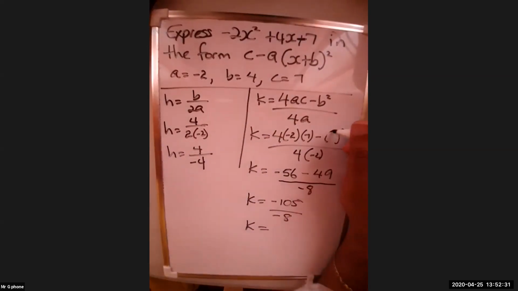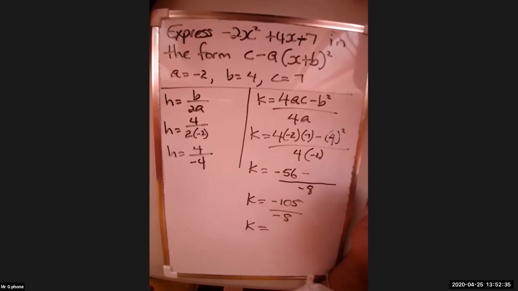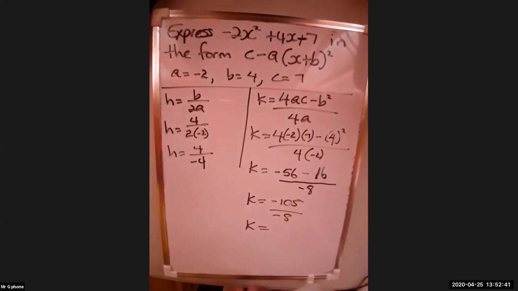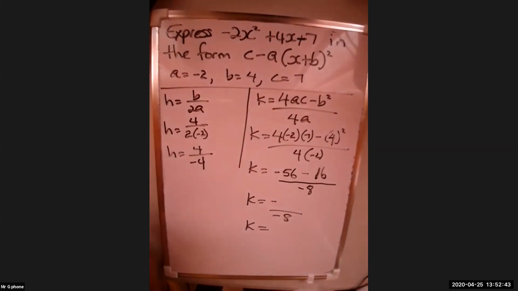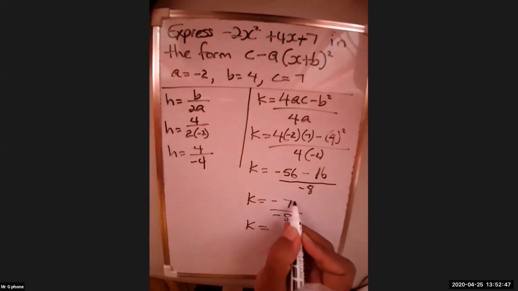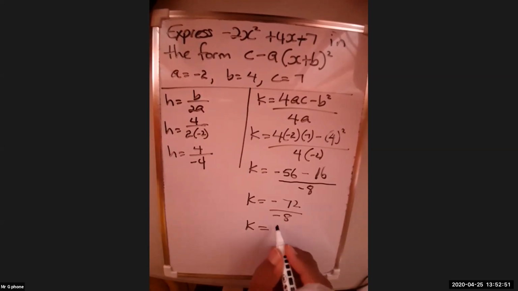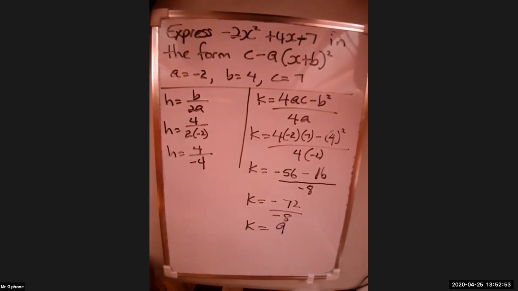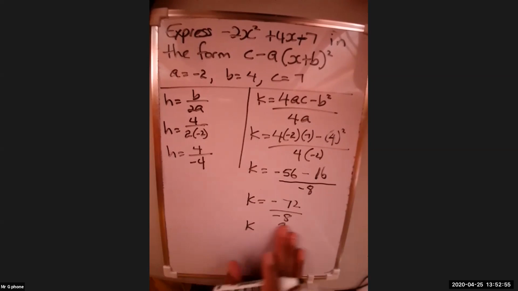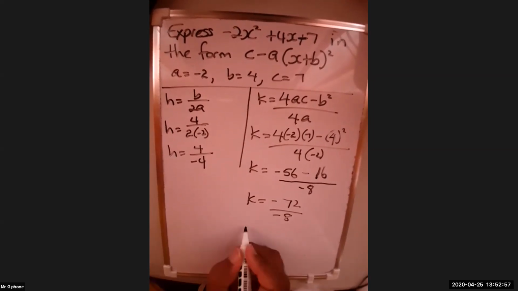Thanks for helping me, people. And the square of 4 is 16. So this will be incorrect here. So -56 take away 16 is -72. And -72 divided by -8 will give us +9. Everybody good? Yes, sir.